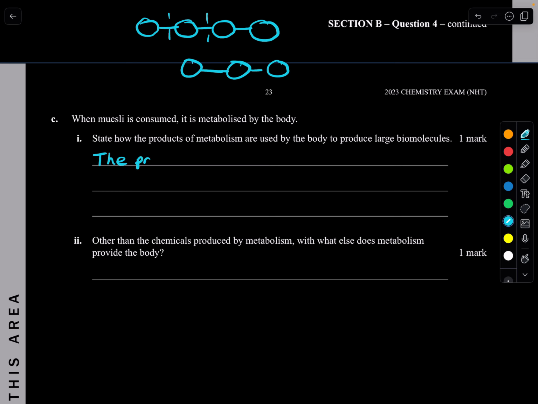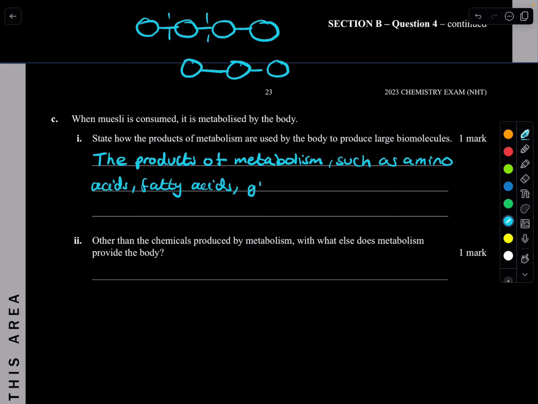The products of metabolism, such as amino acids, so your protein, amino acids, fatty acids, which are your triglycerides, breaking the fatty acids, for example, glucose, which is your basic unit of carbohydrate, are all monomers. And these are monomers.